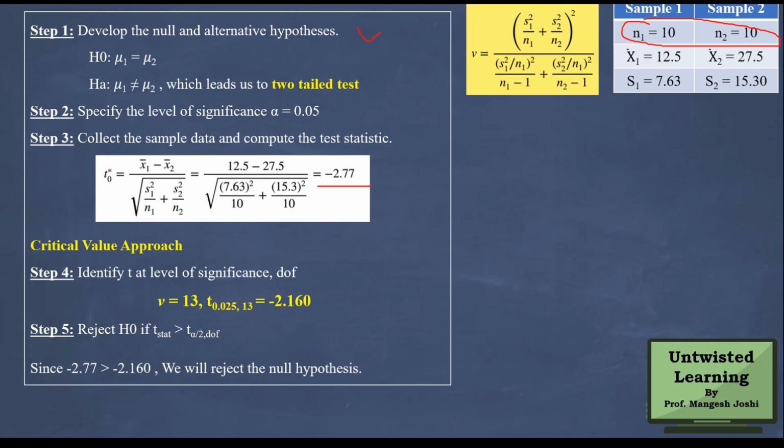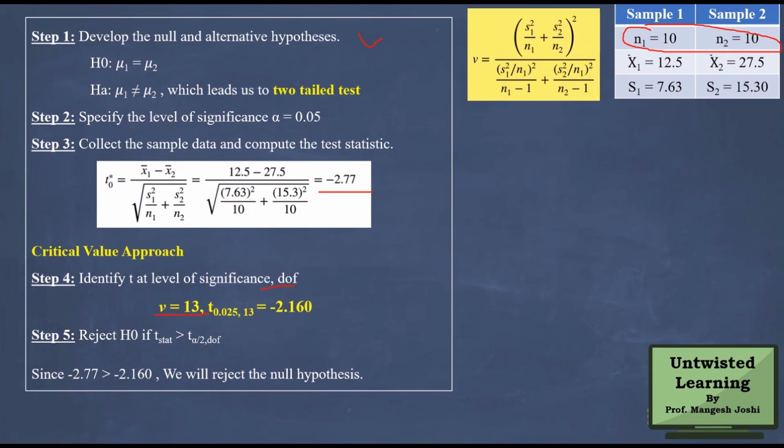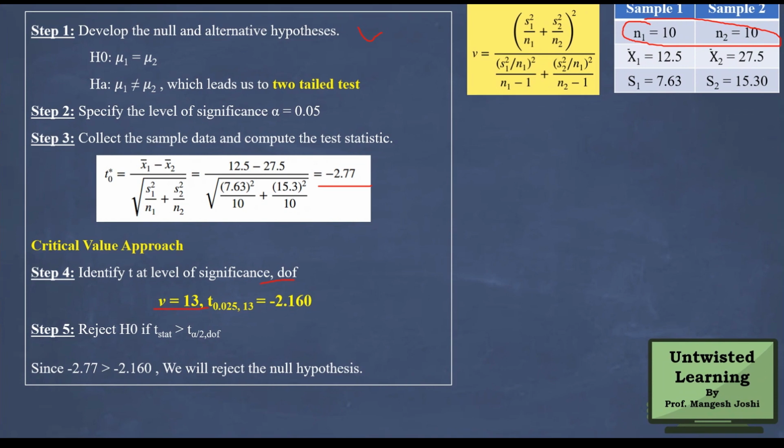Using the critical value approach, identify t at the level of significance and degrees of freedom. The degrees of freedom, v, can be calculated with the help of this formula, and it comes out to be 13.